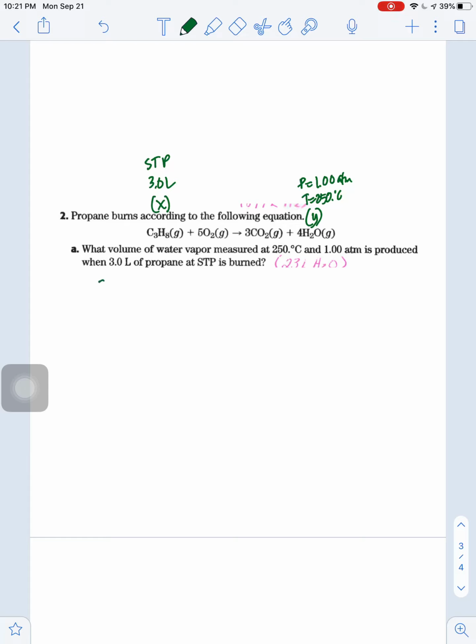So we're going to figure out what our plan is. We're given a volume that's at STP, so we can use the 22.4 conversion factor to get to moles of X. And then we have to get to moles of Y. You always use the mole ratio for that step.